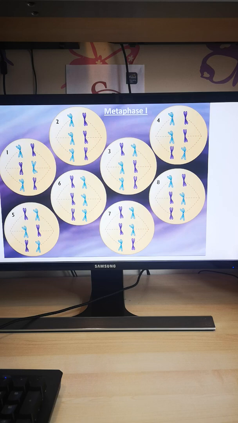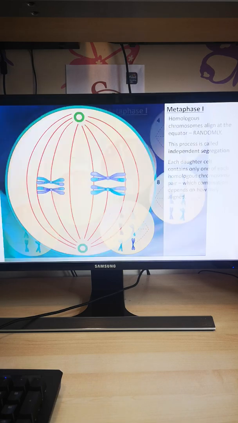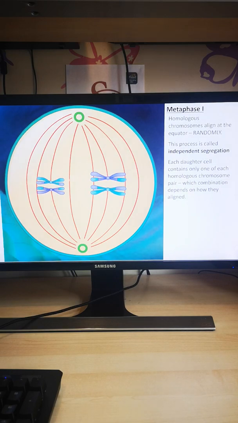And that starts to show you the type of variety that can be produced by independent segregation as well. Both crossing over and independent segregation introduce genetic variation through the mixing of alleles during meiosis.